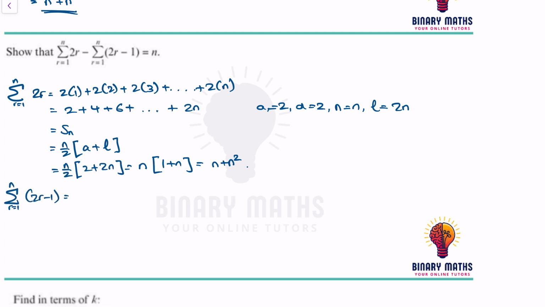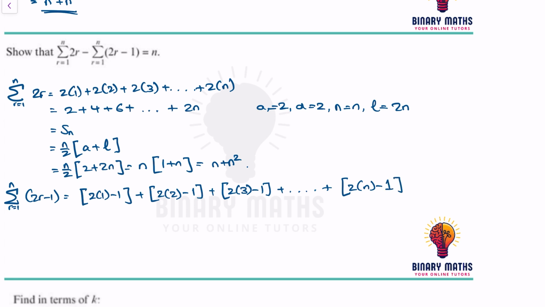minus 1, which will be 2 times, the first term will be 2 times 1, take away 1. Second term will be 2 times 2, take away 1, plus 2 times 3, take away 1, plus all the way up to 2 times n, take away 1, which is equal to 2 take away 1 is 1, plus 3, plus 5, plus all the way up to 2n, take away 1.